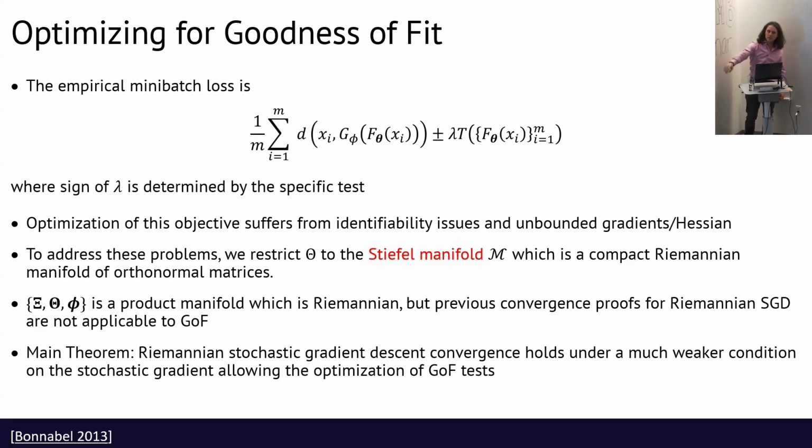So I would say the main theorem of this ICLR paper is that we can still do Riemannian SGD and guarantee convergence. It's mostly the work of Aaron, but we build on this Bonnabel paper, which proved general convergence, and we showed that we don't need this uniform bound on the stochastic gradient. That's the way that we generalize to goodness-of-fit tests.